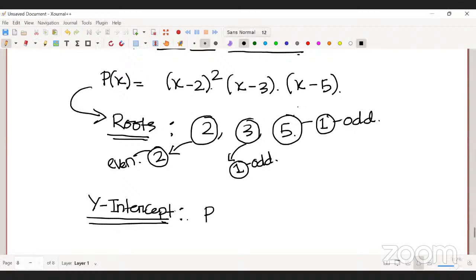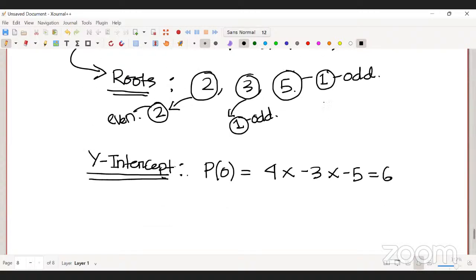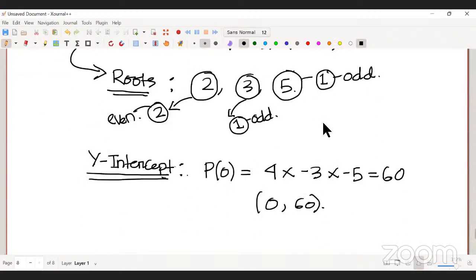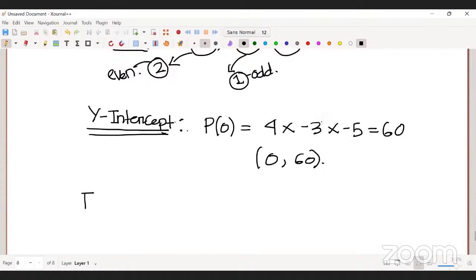So the y-intercept is p of 0, which is 4 times 3 times 5, which is 60. That means my polynomial passes through the point (0, 60). And the next thing is I have to check the end behavior.